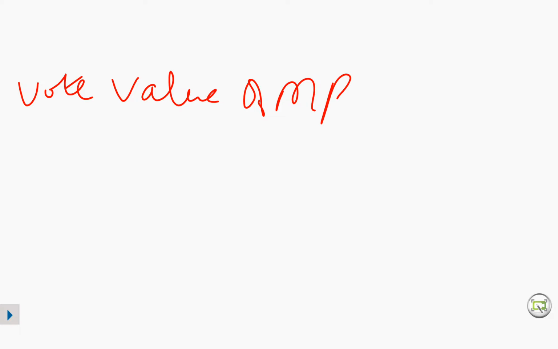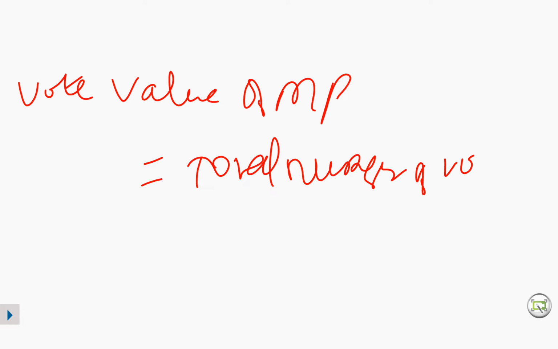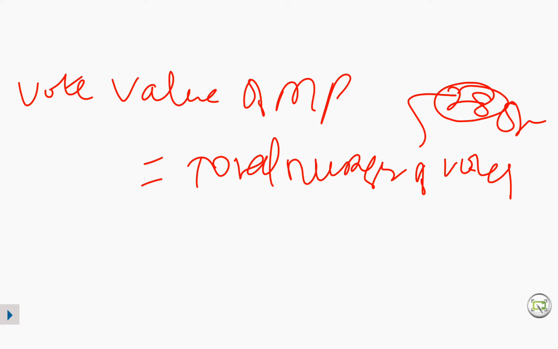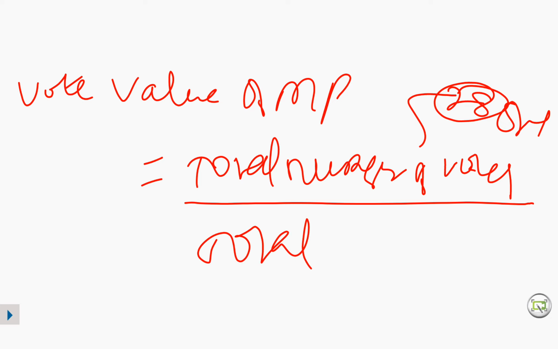Now the vote value of MP. How to find the vote value of MP? We can see the total number of votes assigned to MLAs of states, all the MLAs of all 28 states of India, the total number of votes of them, divided by the total number of MPs in India.